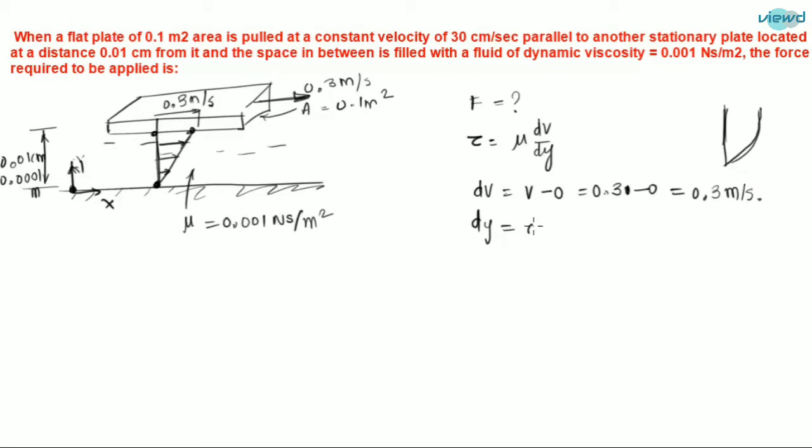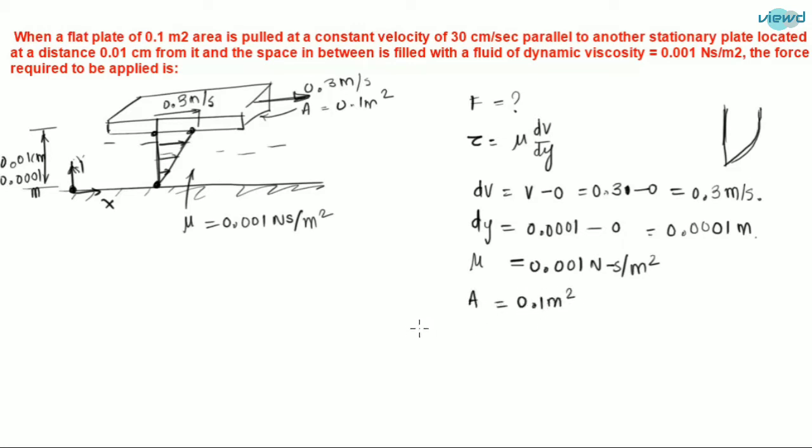So 0.0001 minus 0, which is equal to 0.0001 meter. And mu, what is mu? The dynamic viscosity is given as 0.001 Newton second per meter square, and also area is given as 0.1 meter square.